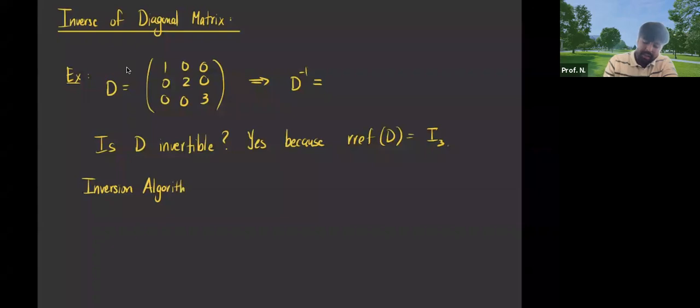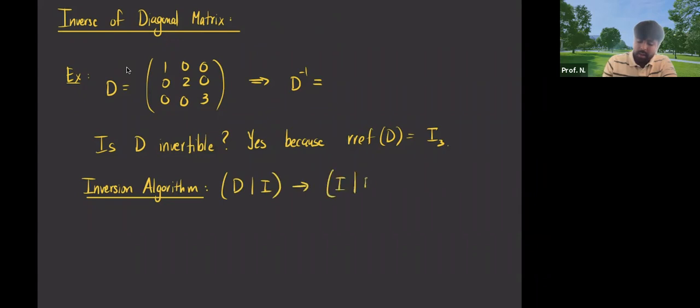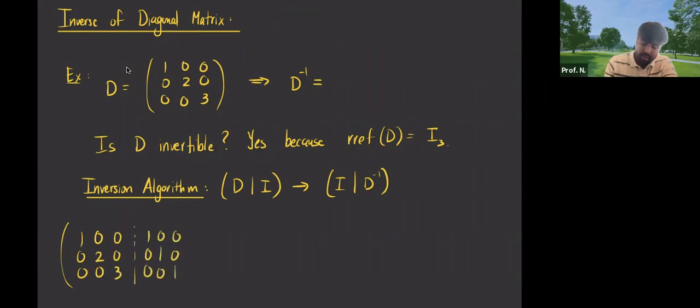But don't worry, it's not going to take that long. Invertible matrices are very nice in this regard. So if I do the algorithm, I want to go from D to I, and I to D inverse. So I have 1, 0, 0, 0, 2, 0, 0, 0, 3, and next to it 1, 0, 0, 0, 1, 0, 0, 0, 1.